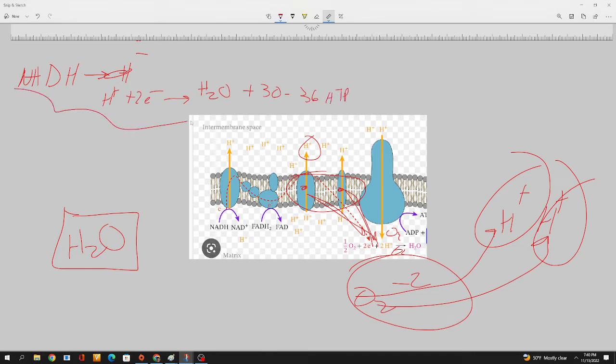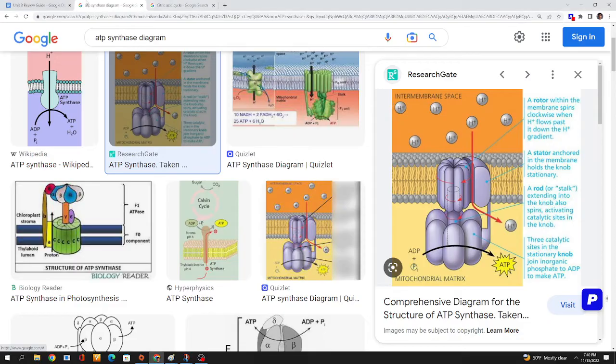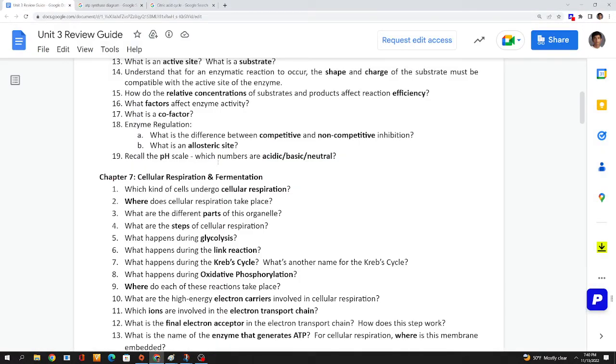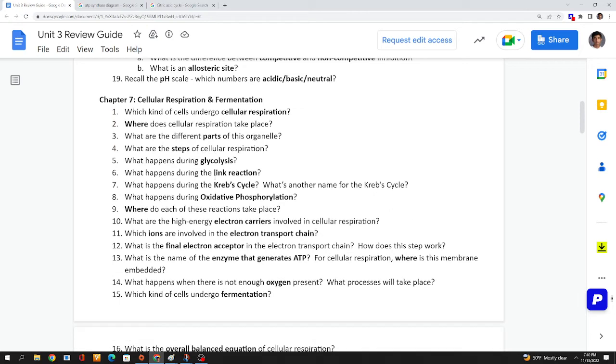Okay, that's really the entire process. And I guess you also technically make NAD+, which ends up going back into the cytoplasm or the matrix to then continue the citric acid cycle, or to continue glycolysis. Okay, that's basically all that for the electron transport chain, or oxidative phosphorylation.